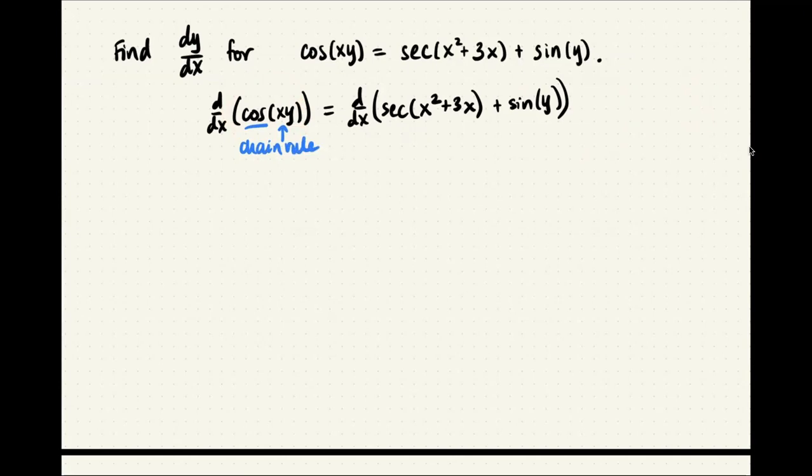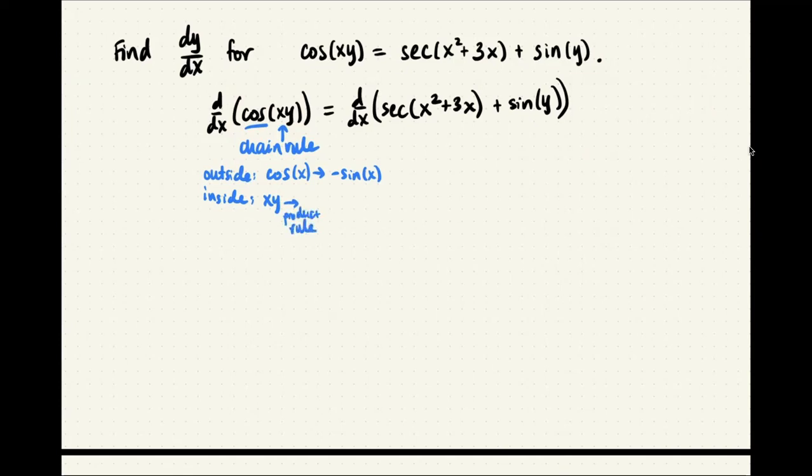That tells me I need to take the derivative of the outside function. So maybe I'll write that explicitly. The outside function is cosine, and the inside function is x times y. The derivative of the outside function is negative sine, and the derivative of the inside function is going to require us to use the product rule because I have x times y.